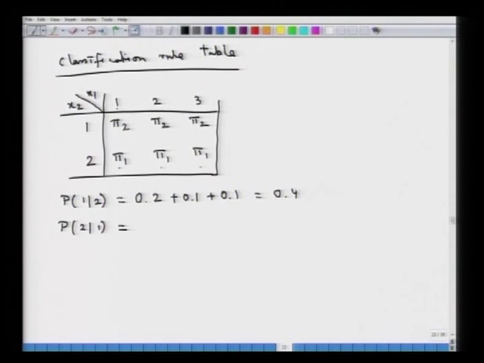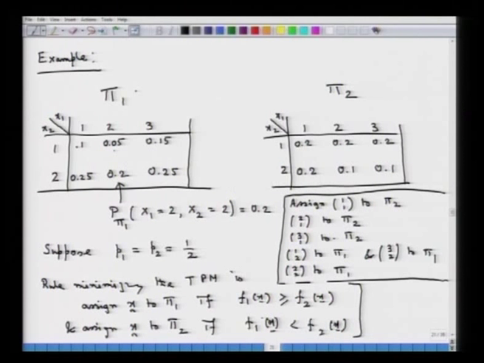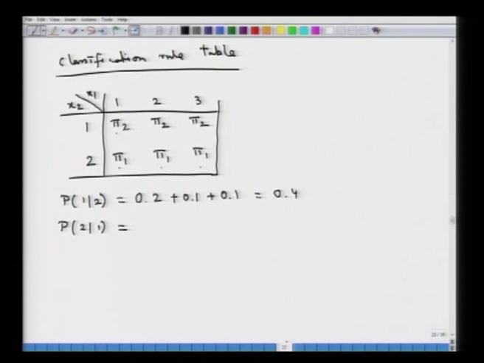We have classified 1 1 into 2, but what is the probability that it is coming from the first population? We will have to look at these three values, because an observation coming from the first population can be misclassified into 2 only if it is under these three pairs, that is either 1 1, 2 1 or 3 1.